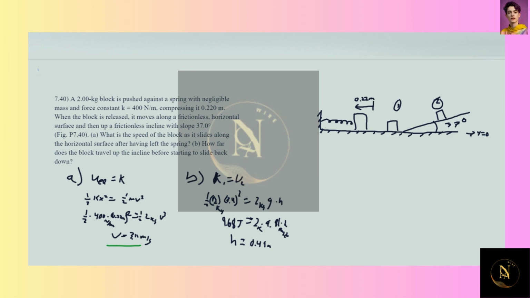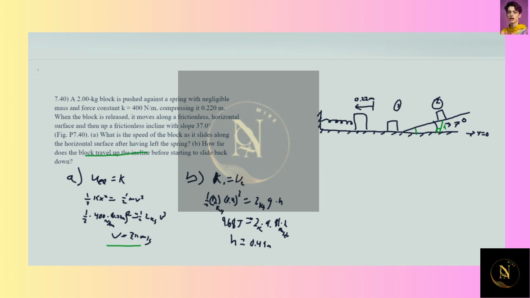But then we need to find how far up the ramp it actually is, because we're asked how far the block travels up the incline. So we make a right triangle, and we know this is h. So we know what h is, and we know what this angle is.